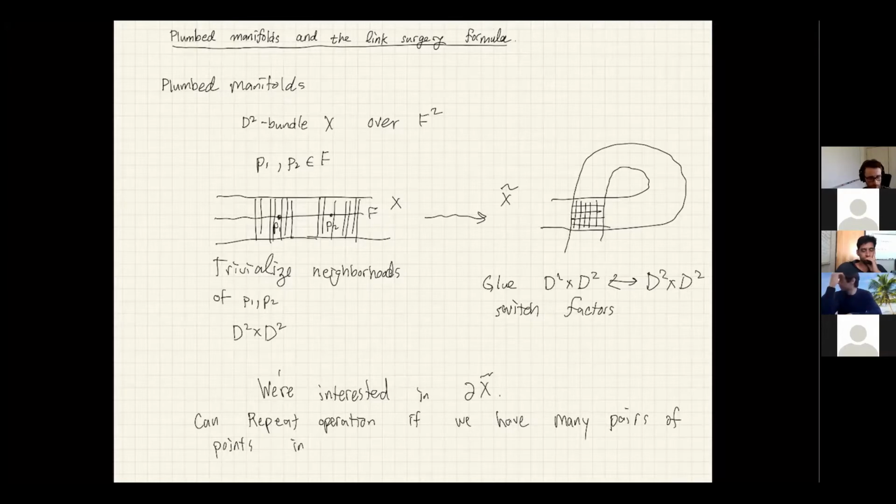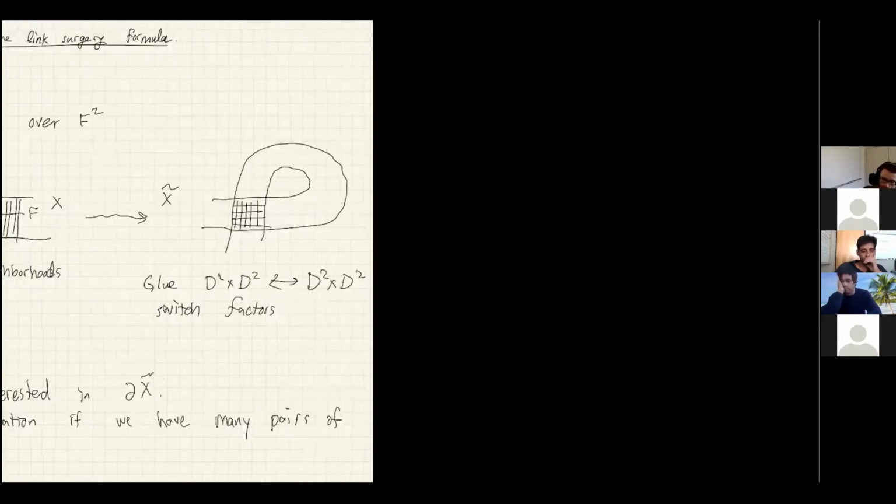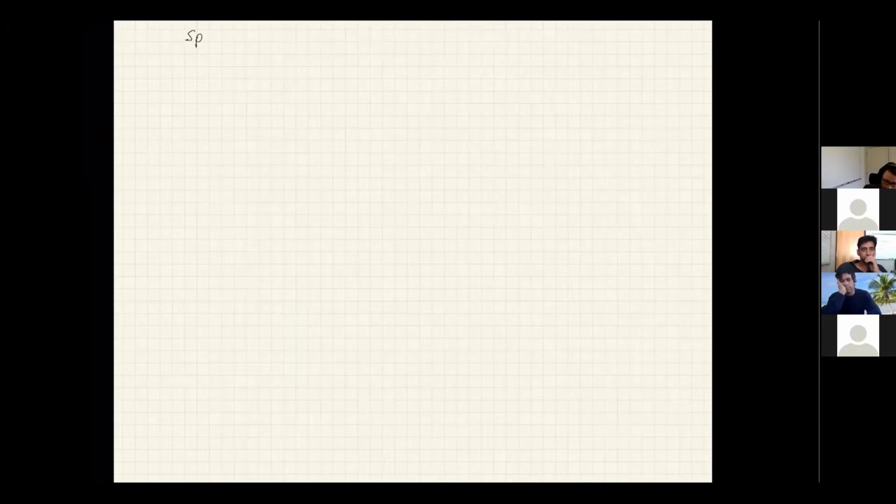The case that we're going to be most focused on is that F is a disjoint union of spheres. And what I want to do is plumb according to a tree.